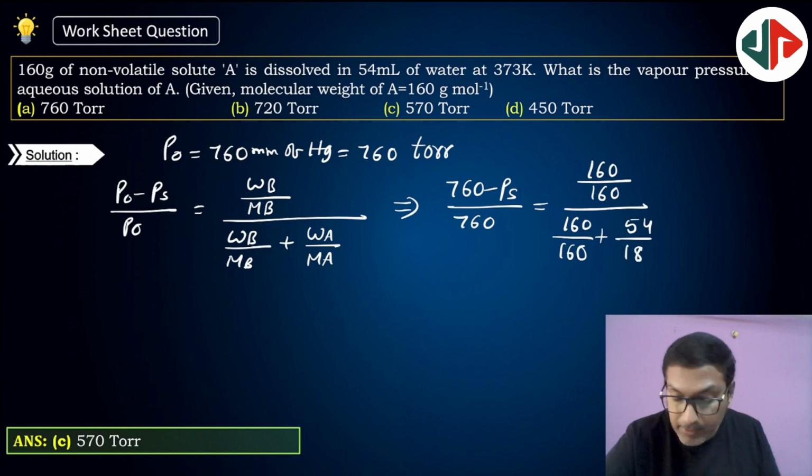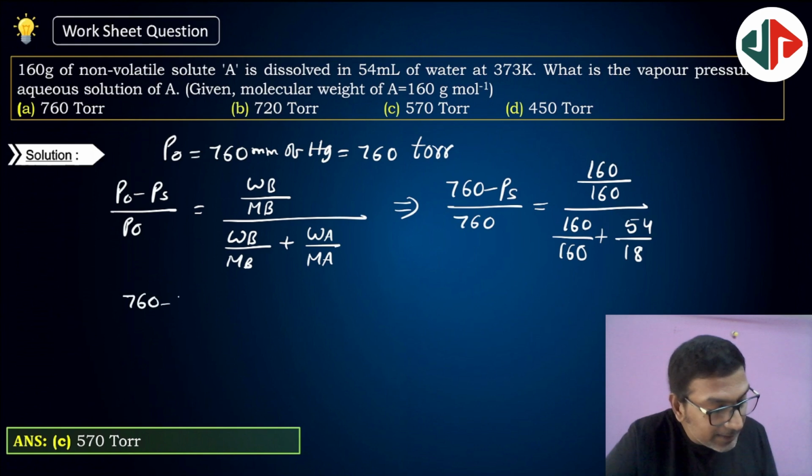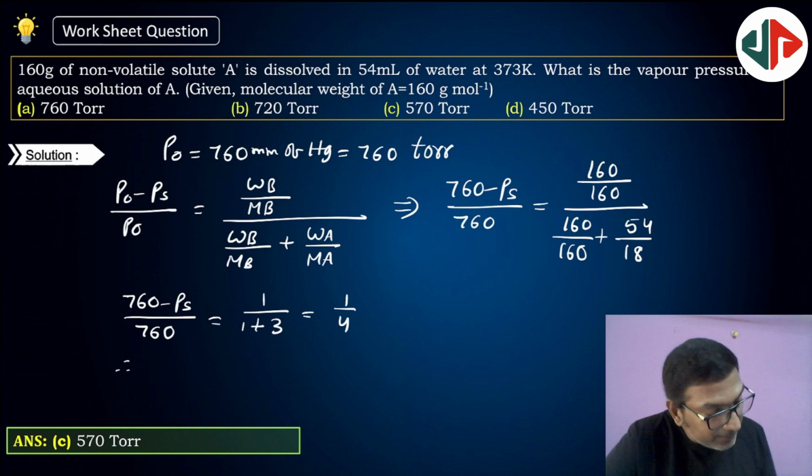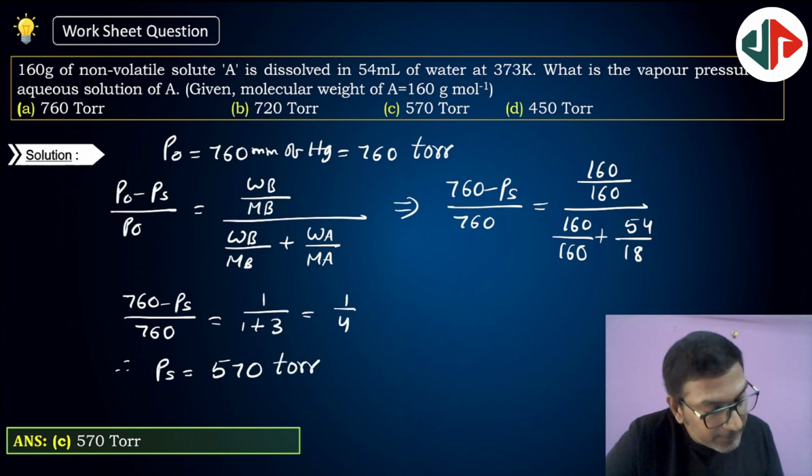So from this we'll get 760 minus Ps by 760 equals 1 by 1 plus 3, that is 1 by 4. So therefore Ps is 570 torr. Option C.